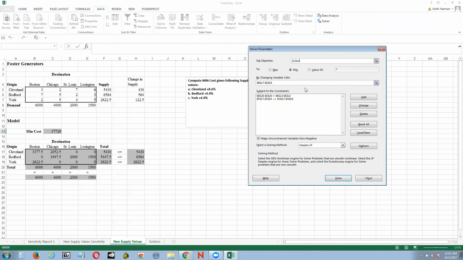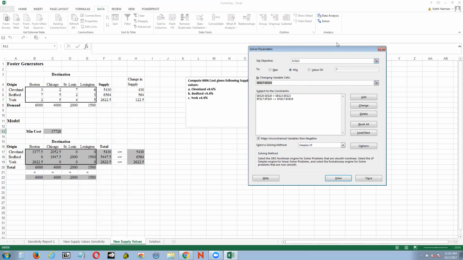And then by changing the variable cells, that's B17 to E19, the origin and the destination, okay? When people use the term nodes, that's what they mean, the origin and the destination. And when they talk about the arc, they're really talking about the distance between the two.